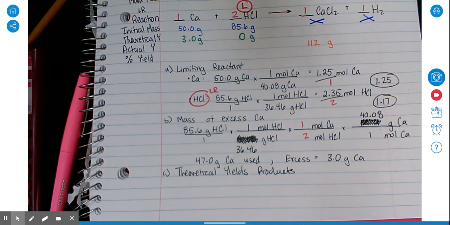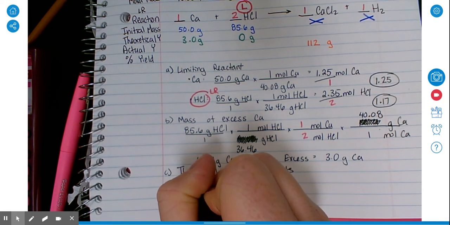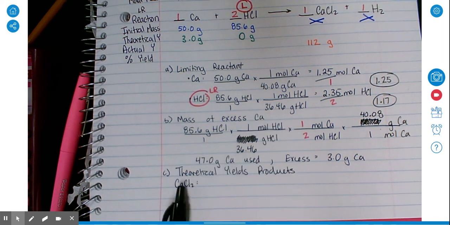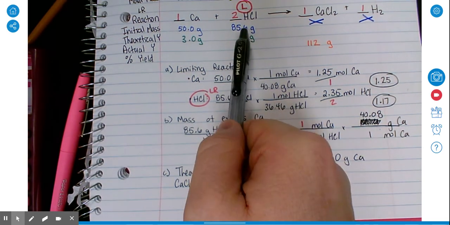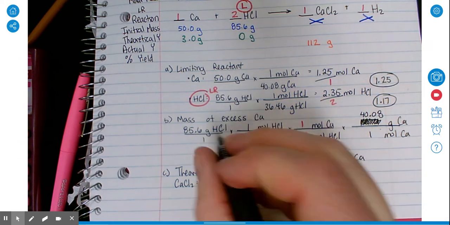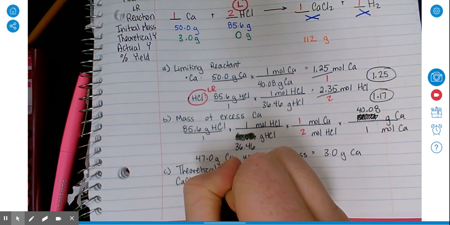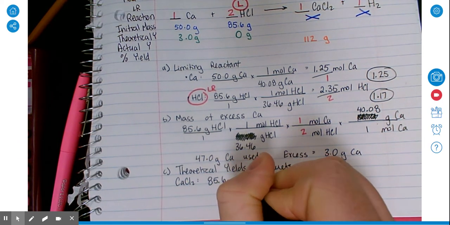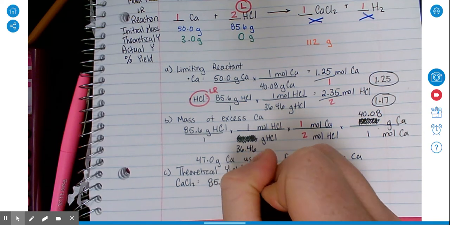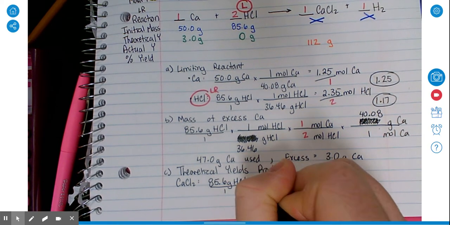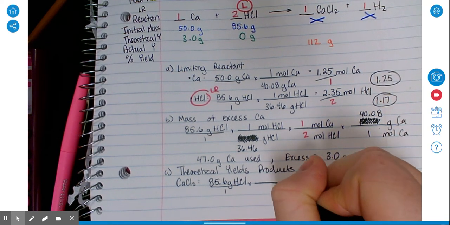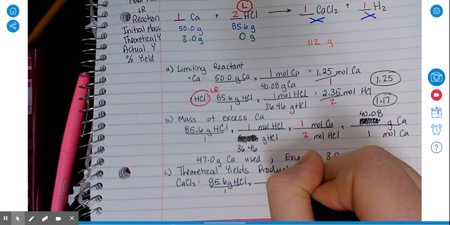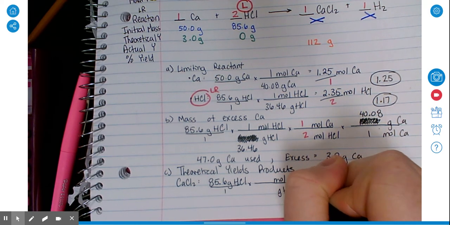I'm going to start with calcium chloride since it's first. So calcium chloride, using my limiting, hopefully I can get this one looking right. I start with 85.6 grams of HCl. From grams of a substance, I can go to moles of a substance.